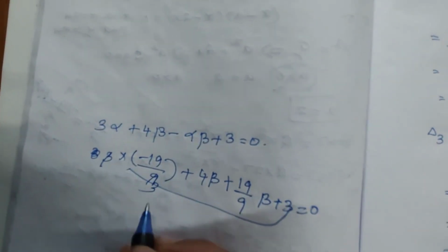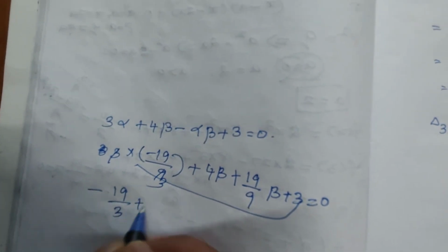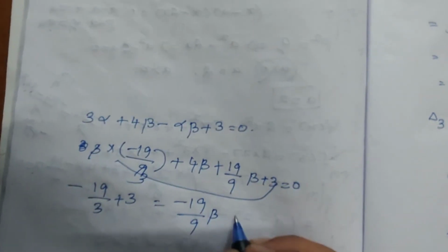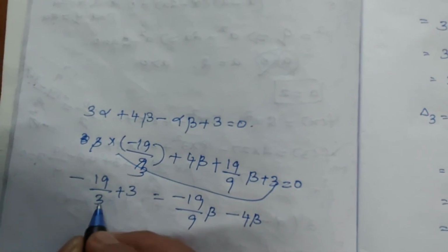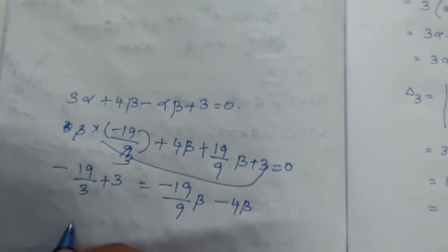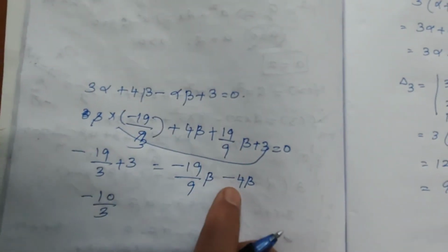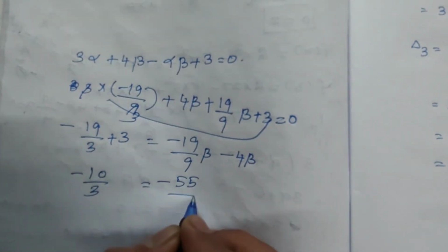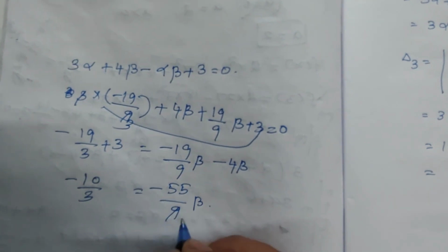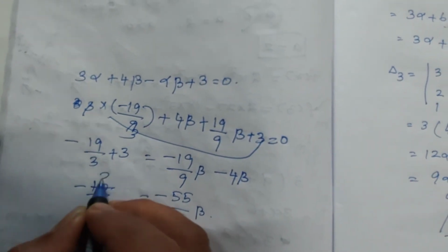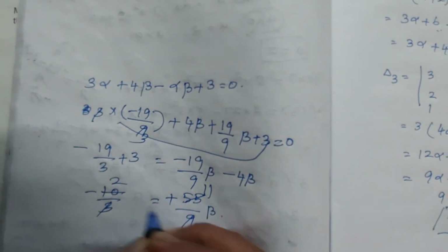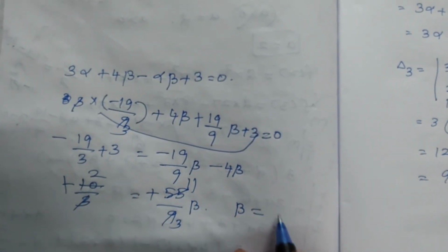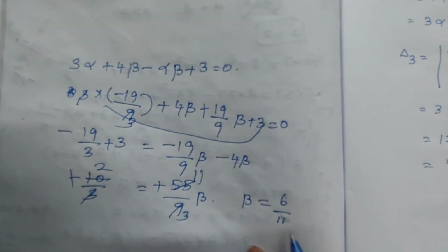So −19/3 + 3 = −10/3, and −19/9 β − 4β = −55/9 β. So the 3 cancels, the minus signs cancel, and β equals 6/11.